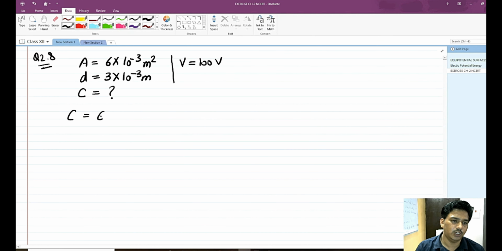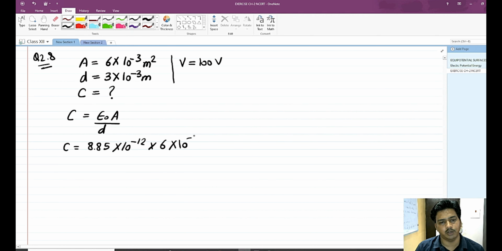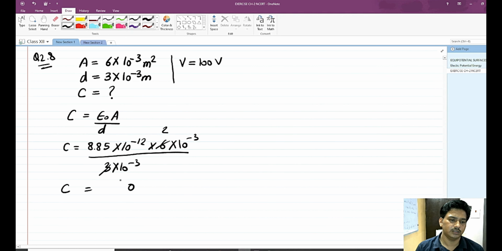So C is equal to epsilon naught A by D. C is equal to 8.85 into 10 to the power minus 12, the area of plate is 6 into 10 to the power minus 3, divided by D, where D is 3 into 10 to the power minus 3. Now we solve it: 3 twos are 6, 2 fives are 10, 2 eights are 16, 17, then again 17.70.